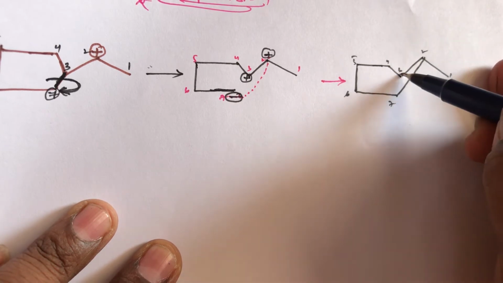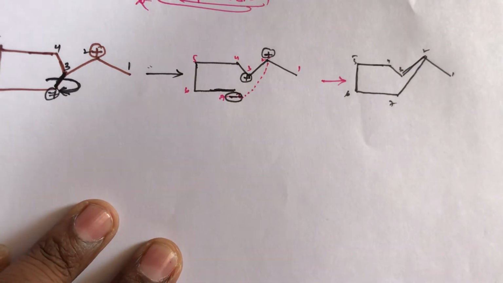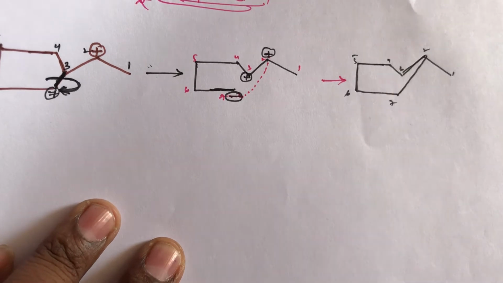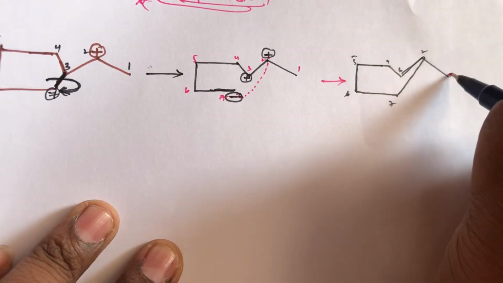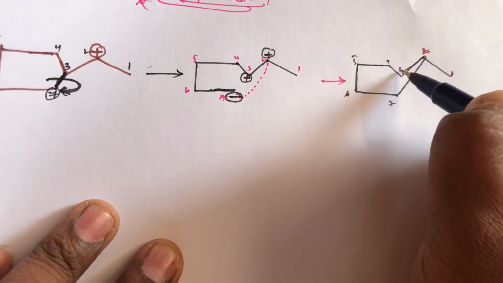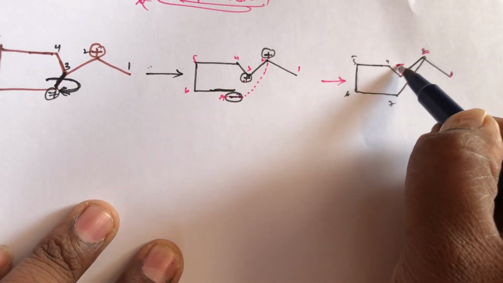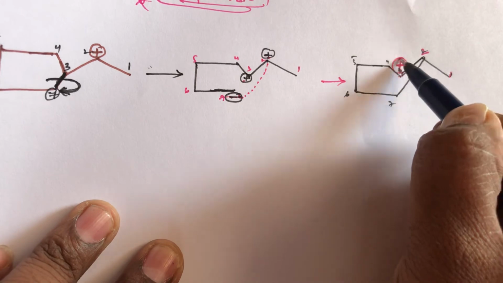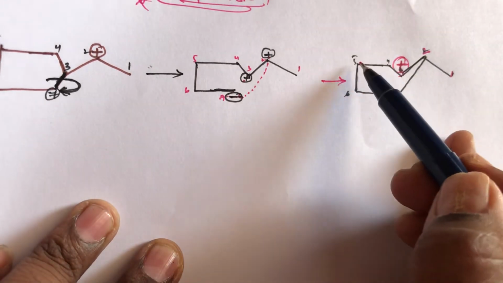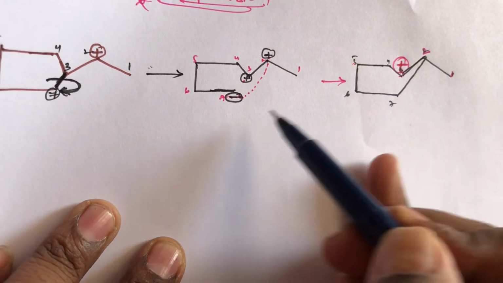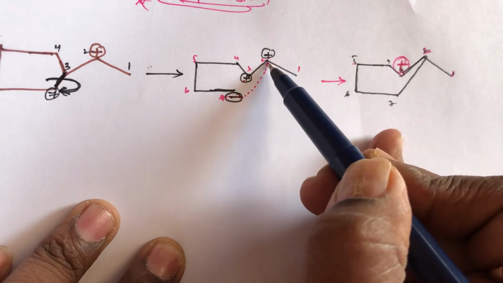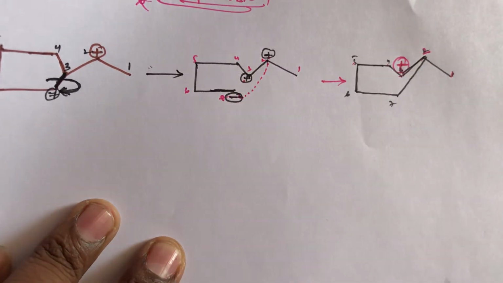This is the structure. So here this is first carbon, this is second carbon, this third carbon. The third carbon already had a positive charge, a new positive charge. This third carbon has a new positive charge, and fourth, fifth, sixth and seventh. This seventh carbon is connected with the second carbon. So this is the new bond.